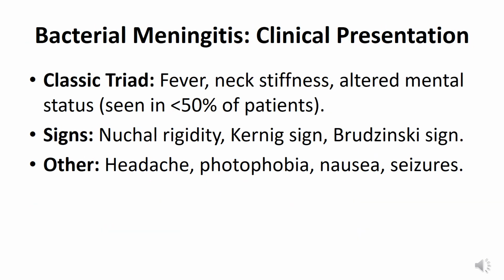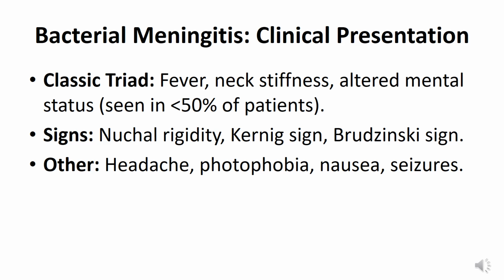Bacterial meningitis often presents dramatically, but the symptoms are not always textbook. One of the biggest clinical lessons is this: never rule out meningitis simply because a patient does not have every classic sign. Most people learn about the classic triad of bacterial meningitis: fever, neck stiffness, and altered mental status.